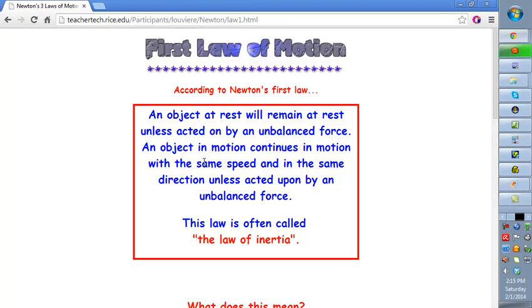So if you roll a ball down the street, you effectively have this force that's considered resistance, which is what slows it down. And if you have a slope, then you have another force there. That slope will make it accelerate. So you have different forces acting upon these kind of things at any given time.